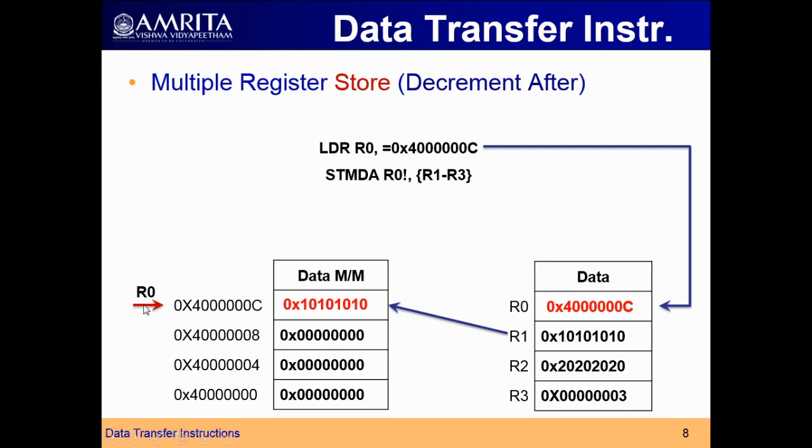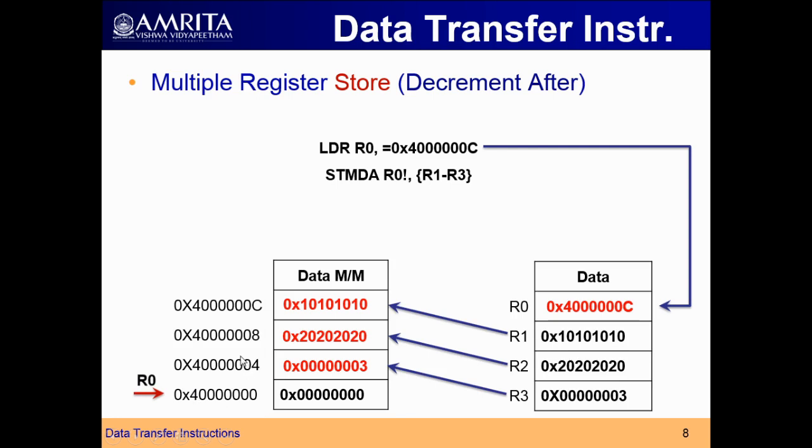Then the R0 memory pointer will decrement to 4008. Again, to this location the content of R2 will be stored. Again the address pointer will decrement to 4004. To this location the content of R3 will be stored. Again the address pointer will decrement to 4000.